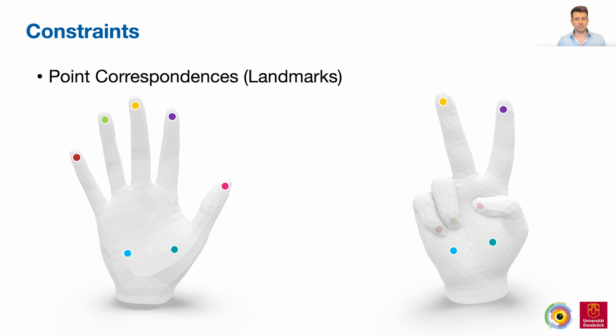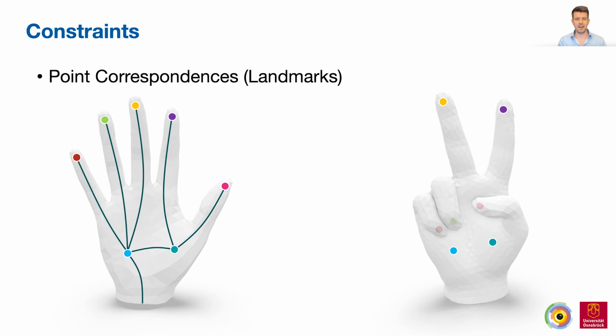Therefore, an option is to cut the surface such that afterwards all constraint points lie on the boundary. Yeah, and then we can control their image and prescribe where they map to.